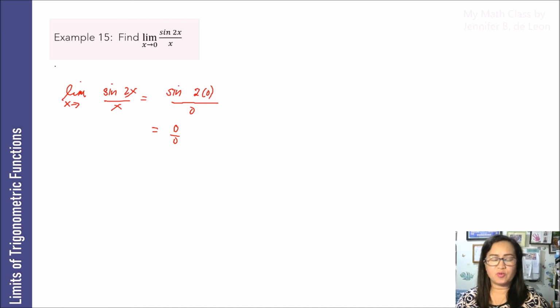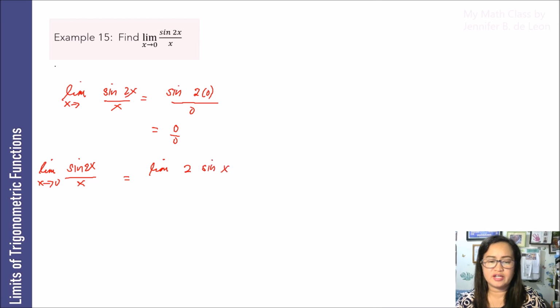But we know the limit of sine x over x. So if we have sine 2x, I'll just write it as 2 times sine x, all over x as x approaches 0.